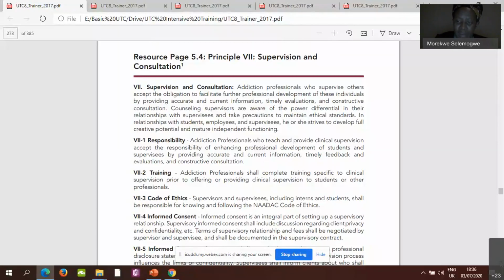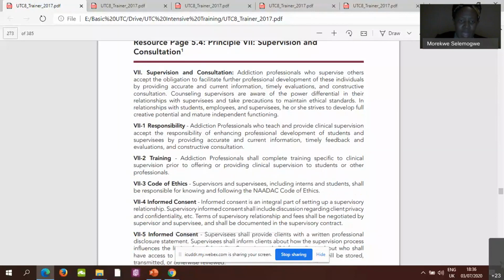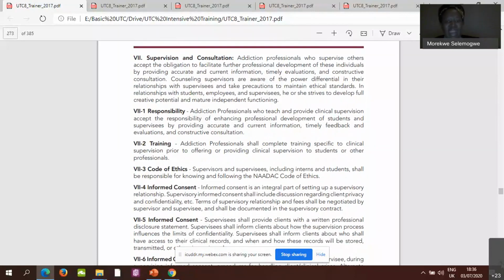Before you have a supervisee relationship, there has to be some sort of an agreement and understanding in terms of what it is that you will be doing with your supervisee. At times, for other programs, they have an informed consent as an integral part of setting up a supervisory relationship.